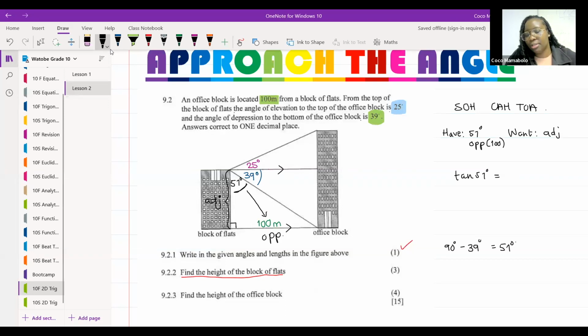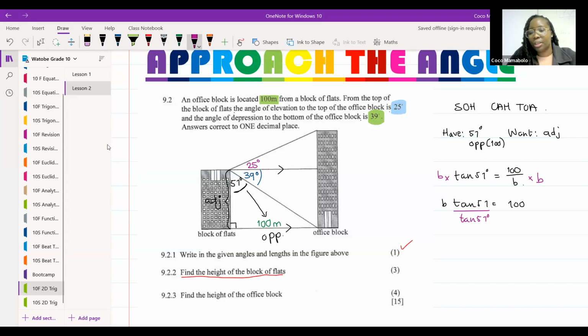Our opposite is 100 meters, over, we're just going to call the block of flats B. So we multiply both sides by B, giving B tan 51 equals 100. Then we want to leave B alone, so we divide both sides by tan 51.